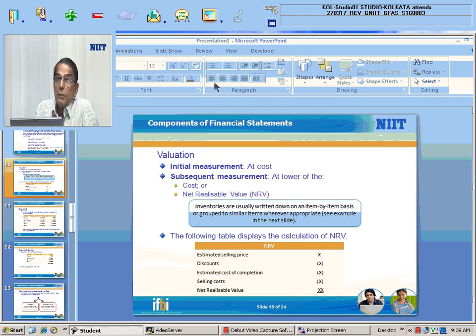Under which accounting concept are we saying that the subsequent measurement should be at the lower of the cost or net realizable value? That's a very important concept. Can you respond on that?